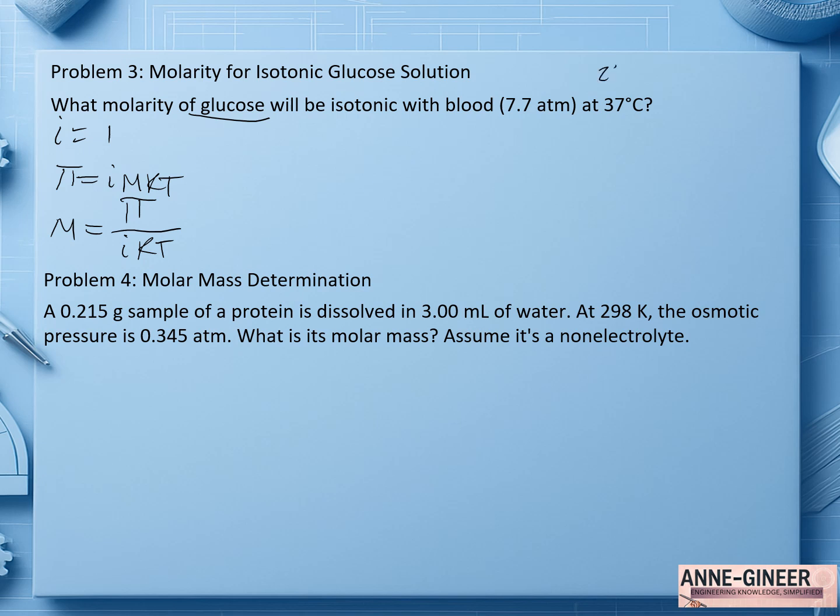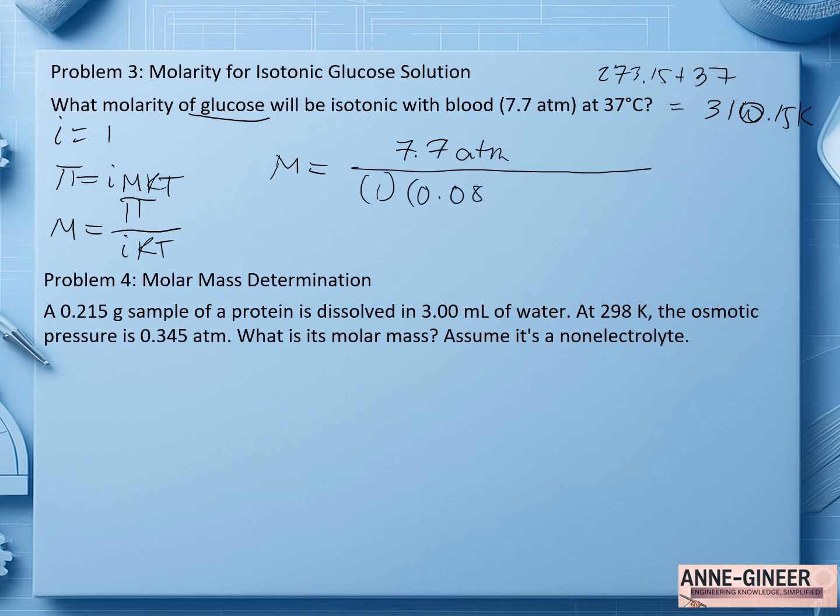The temperature should be 273.15 plus 37, which is 310.15 Kelvin. So this is 7.7 atm over 1 times 0.0821 L atm over mole K times 310.15 Kelvin.